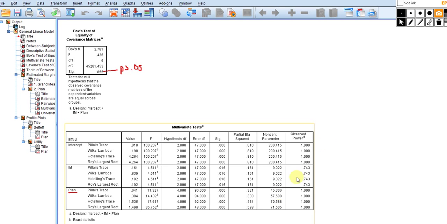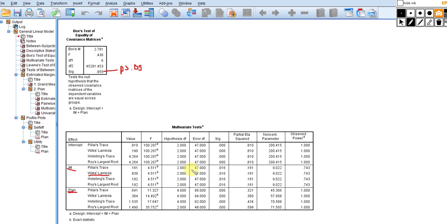You also have the effect of the intrinsic motivation covariate on the set of dependent variables as well. So you can see, in terms of the effect of the covariate, we can look at Wilks' lambda right here and essentially see that yes, there's a significant predictive relationship between intrinsic motivation and scores on the set of dependent variables.